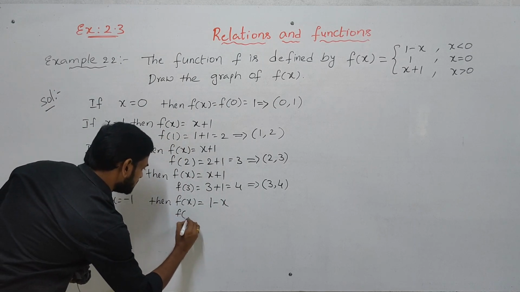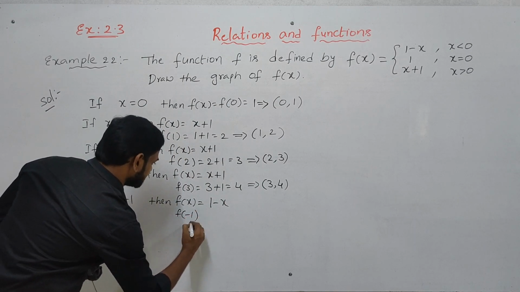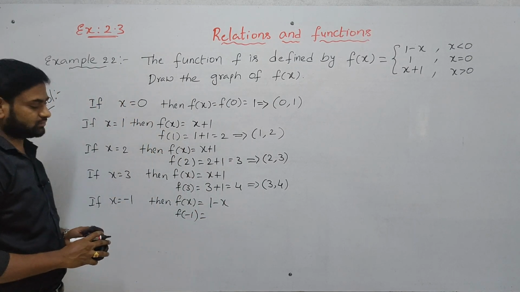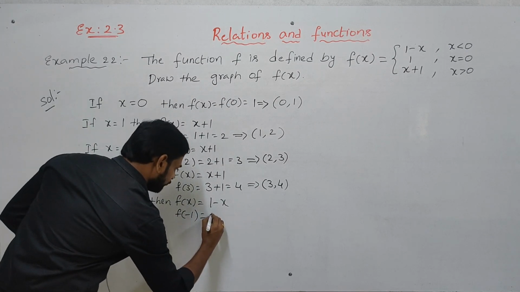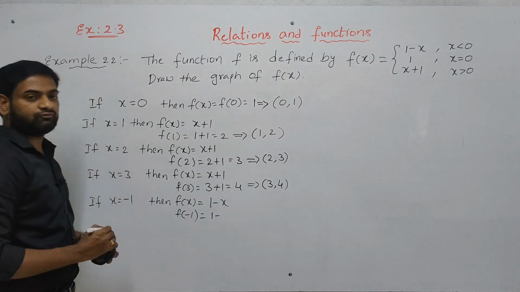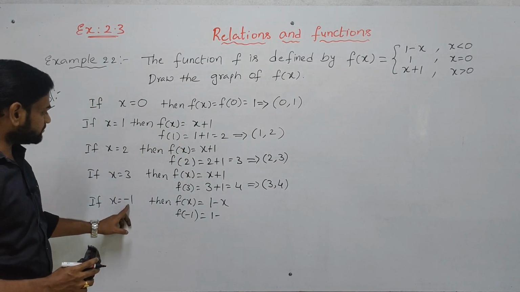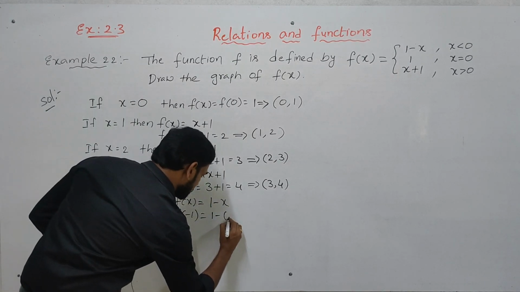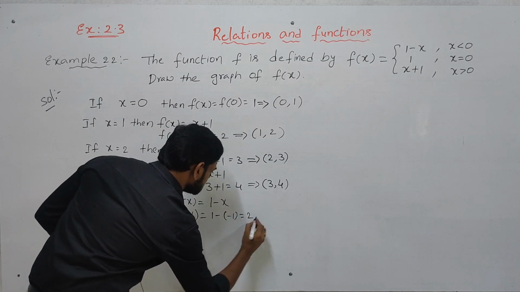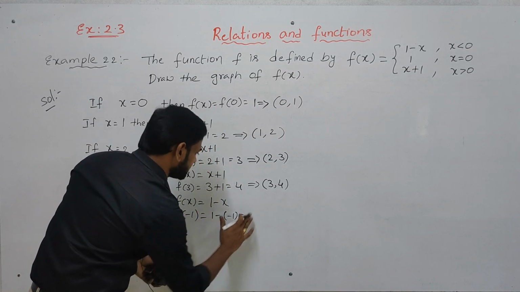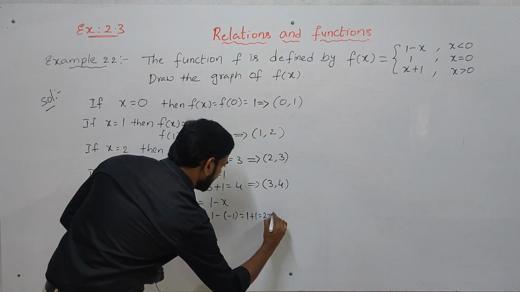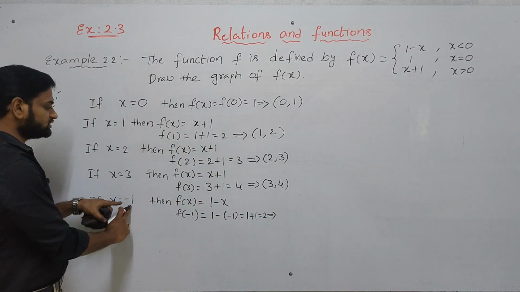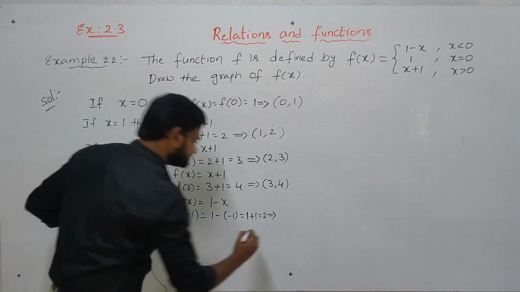So from this one, f of minus 1 is 1 minus of x value, minus 1. So minus of minus 1, that is minus into minus is plus. 1 plus 1, that is 2. What is the point now? Minus 1 comma 2.